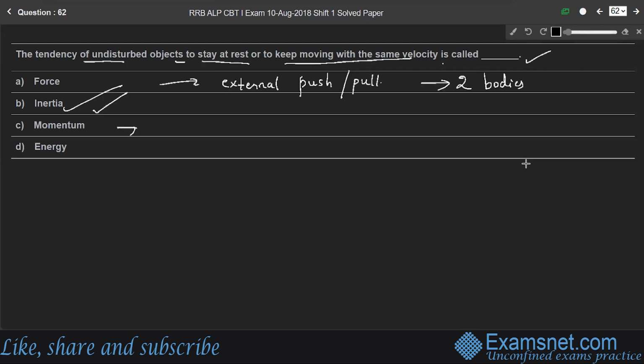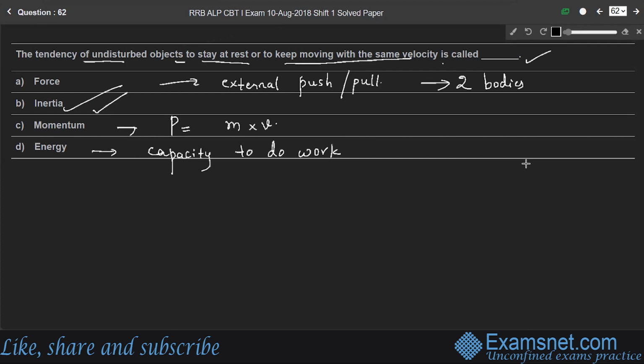So whereas momentum is momentum P, so momentum is denoted with the symbol P, so is the product of mass and velocity. M into V is momentum, right? Whereas the last option is energy, as we all know that capacity to do work is called energy, right?